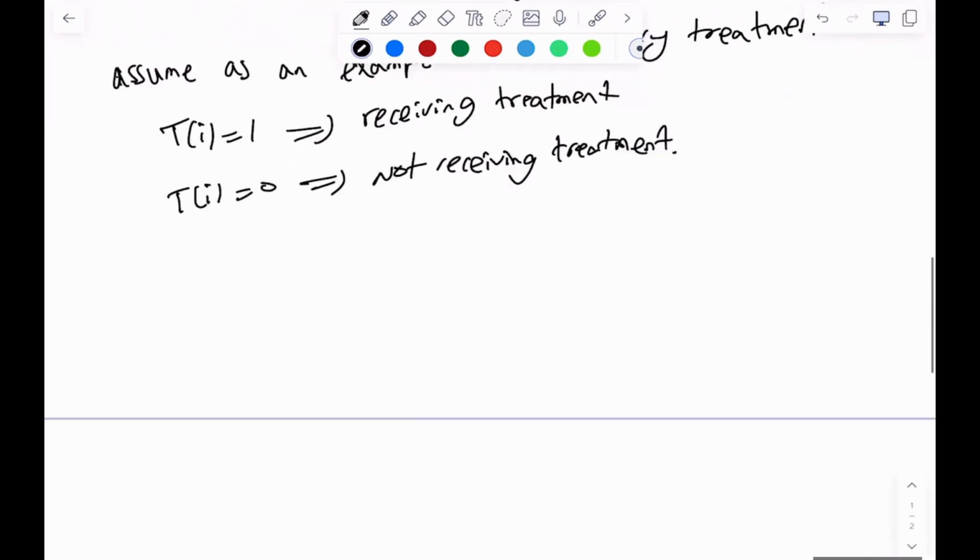All right, so in that case, the potential outcome is defined as follows.